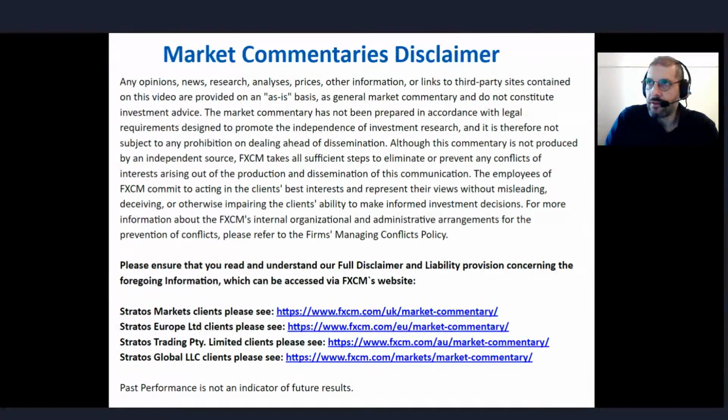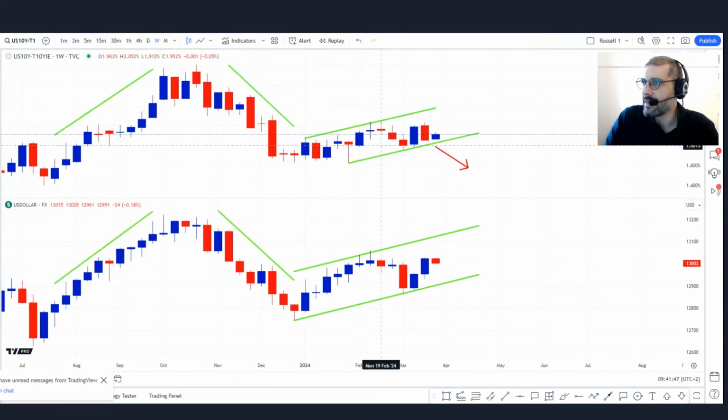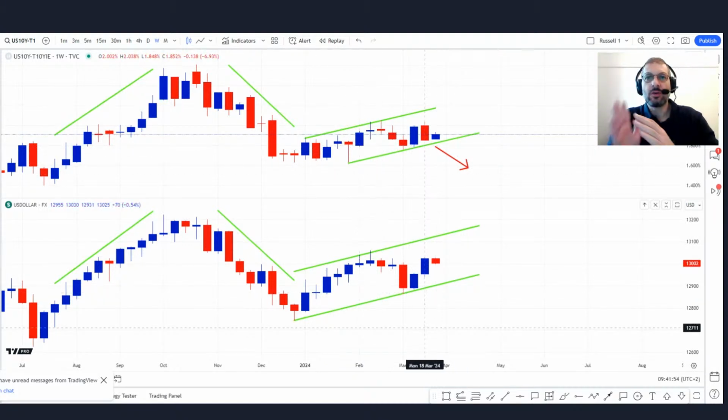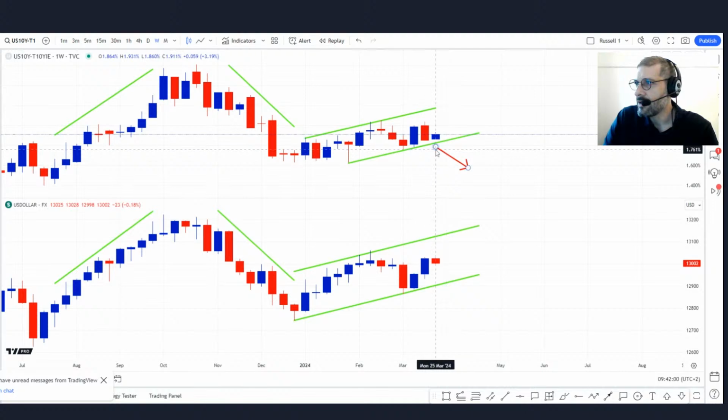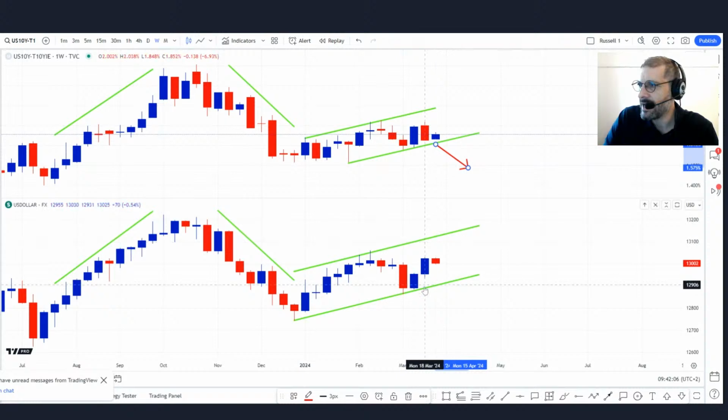Let's start off with the real rate. Continuation of yesterday's analysis. Real rate is the top chart, and the US dollar is the bottom chart. Some sort of divergence between the two, but by and large, they are positively correlated. You can see that the real rate seems to be approaching the lower boundary of perhaps a flag pattern.